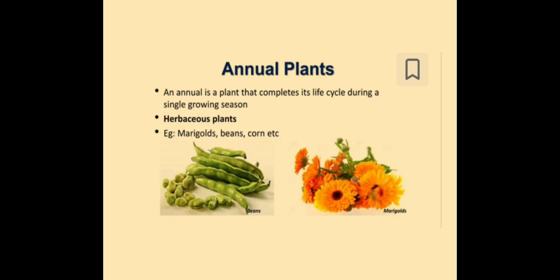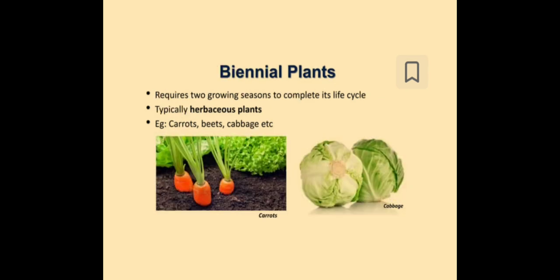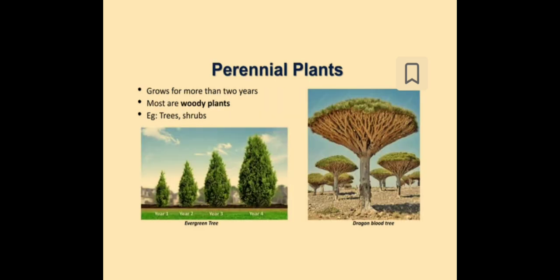For example, herbaceous plants like marigold, beans and corn, etc. Biennial plants require two growing seasons to complete their life cycle. For example, herbaceous plants, carrot, beets, cabbage, etc. Perennial plants need to grow for more than 2 years. Most are woody plants like trees and shrubs.